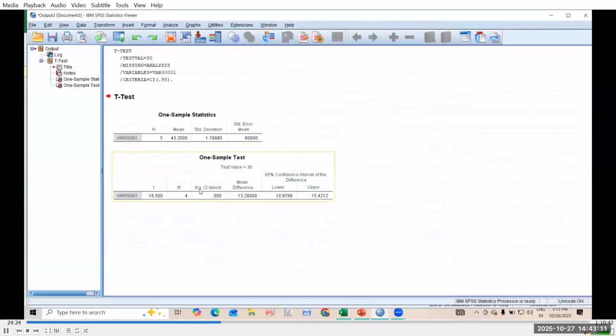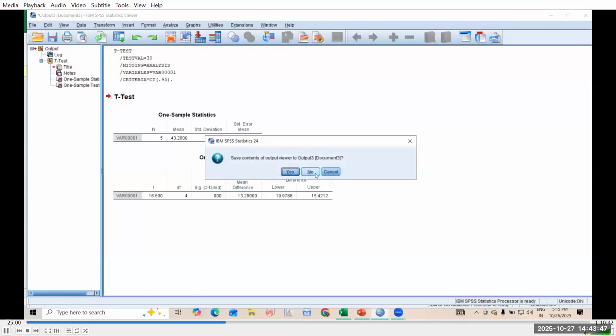Here we can see that the significance or p-value is less than 0.05, which means there is a significant difference between the mean value and the hypothesized or test value. So from this one sample t-test, the test value or hypothesis value can be easily predicted from this significance level.